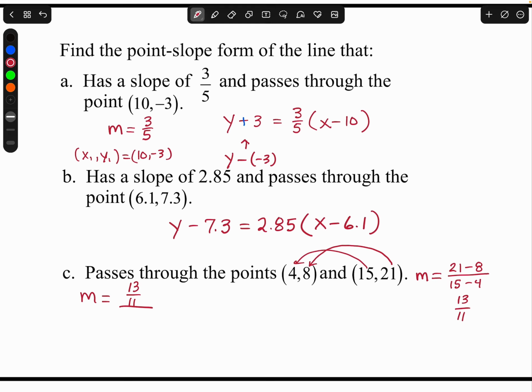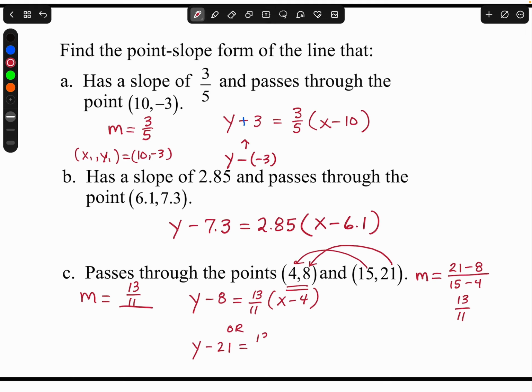Now the question is, when we try to write it in point slope form, which point do we use? And actually the reality of it is, it doesn't matter. They will both end up being correct. We could either use y minus 8, so I'm using this point first, is equal to 13 elevenths times the quantity of x minus 4.